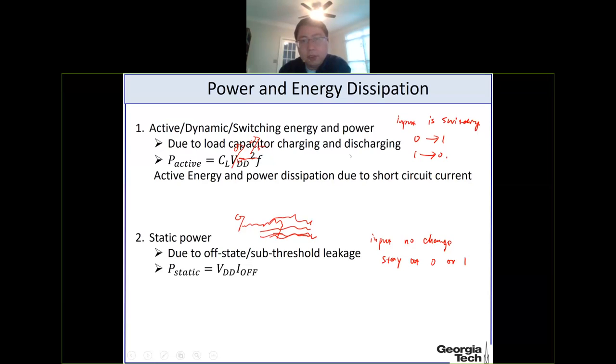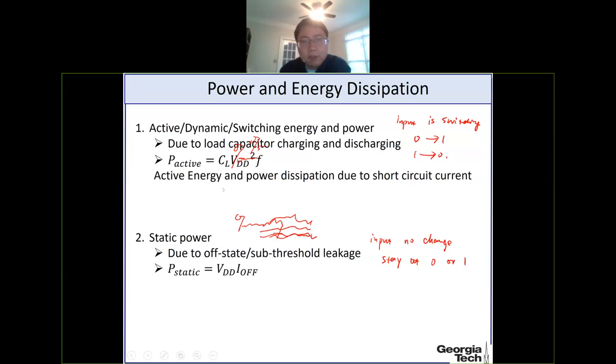This charging and discharging essentially consumes the power. And this is the active power formula. It equals the load capacitance multiplied by the supply voltage VDD squared, and then multiplied by the frequency.